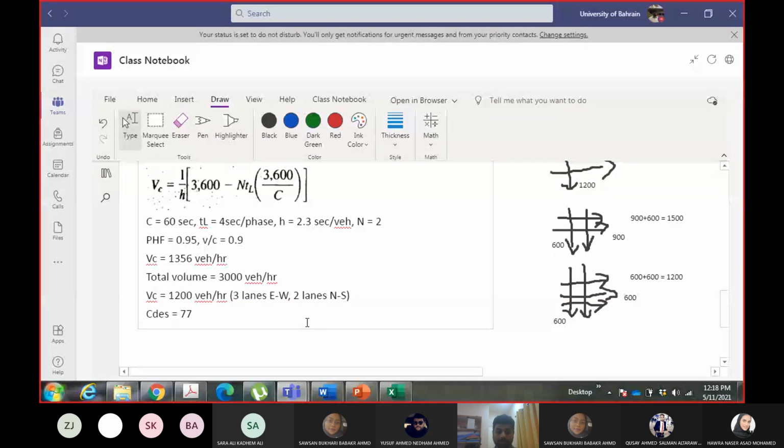Okay, we don't have to round off the cycle length. 77 point 0.43. 4. Okay. So a desirable cycle length of 77.4 seconds is enough with a V by C ratio of 0.9 to accommodate the maximum volume or the flow rate for the volume of 1200. So this is the second part of the problem, that the cycle length should be this much.